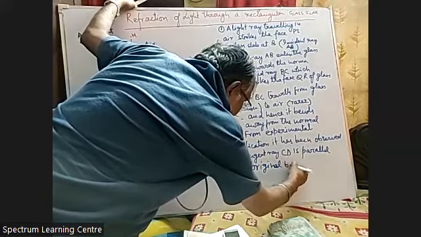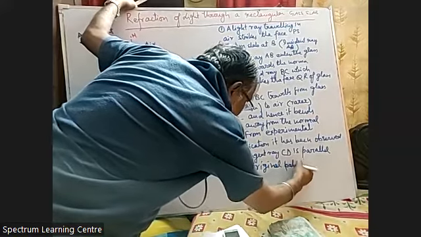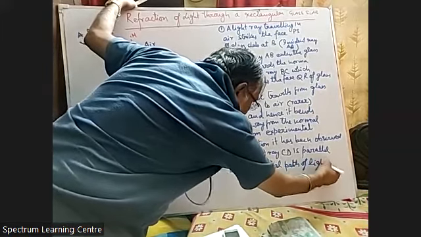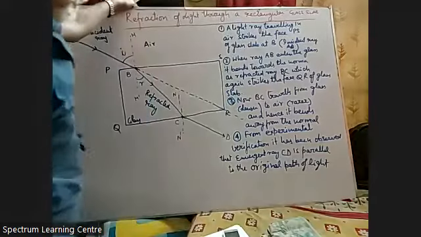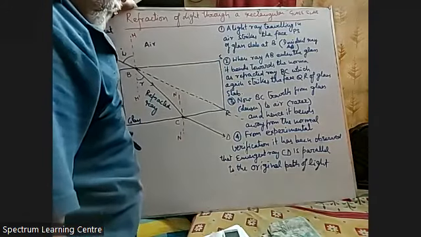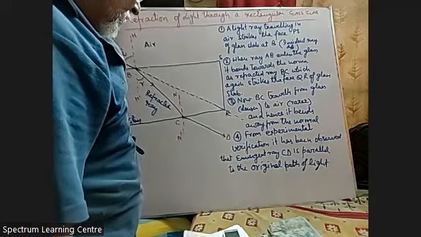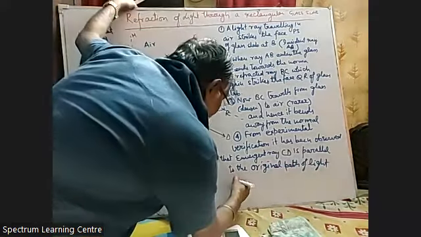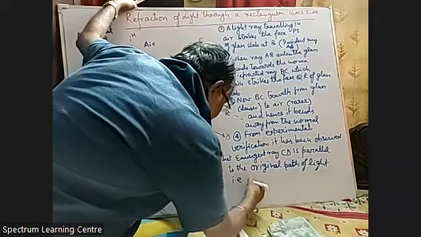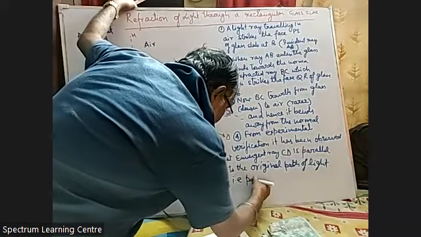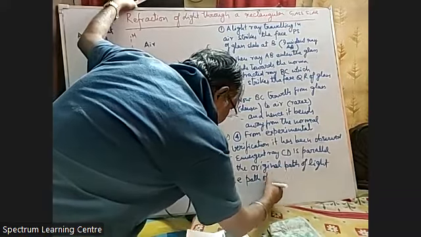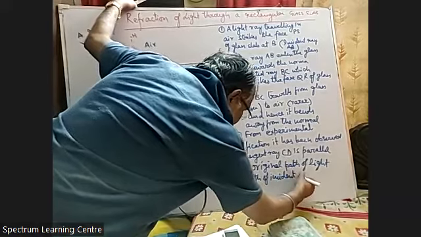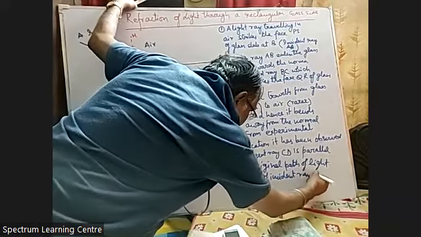Don't write anything right now, right? Original path of light, that is path of incident ray AB.